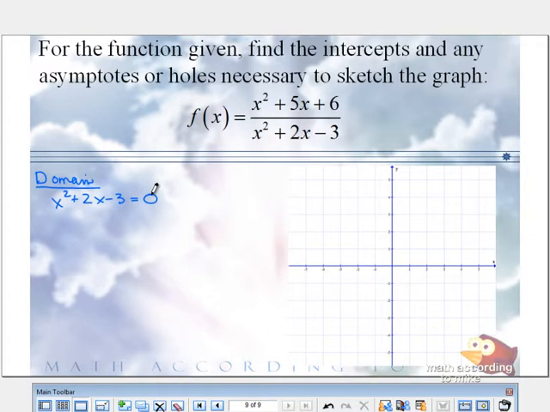So if I set that equal to 0 and solve for x, how does this factor? -1? So what can't x equal? Good. So you want to keep those in the back of your head because we're going to need that information later on.